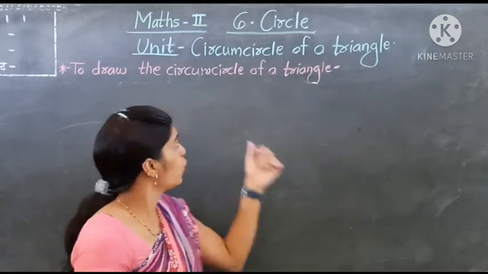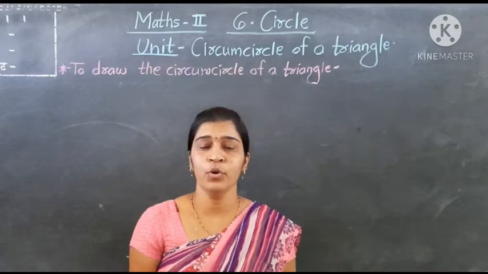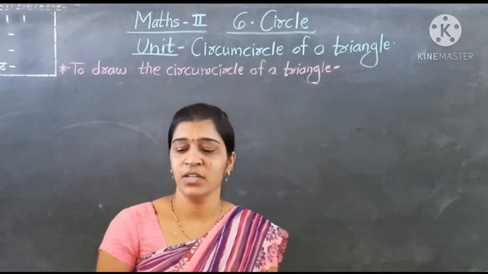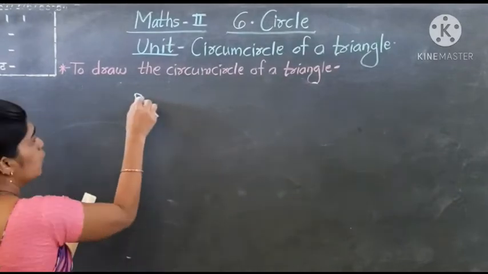Students, for drawing the circumcircle of a triangle we need to draw perpendicular bisectors. So how to draw a perpendicular bisector?